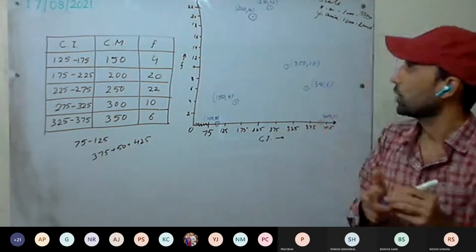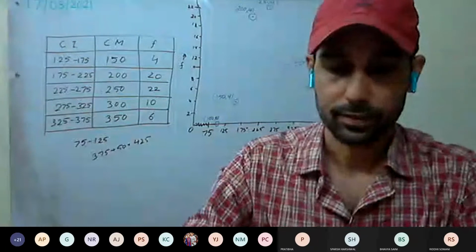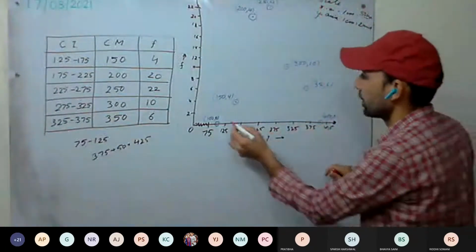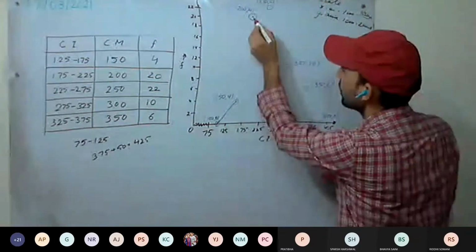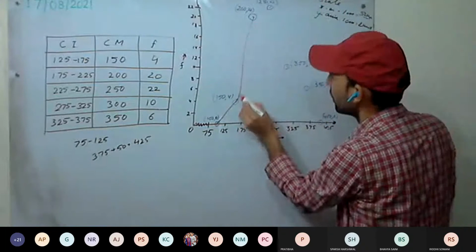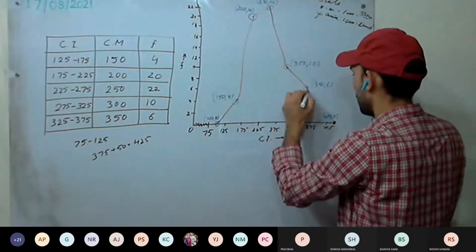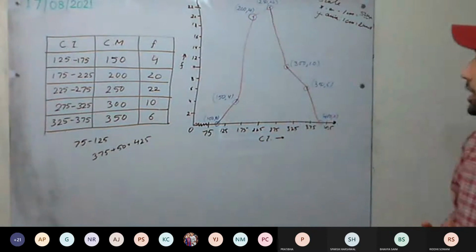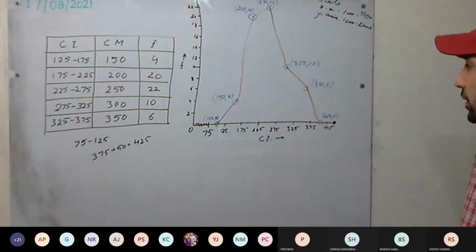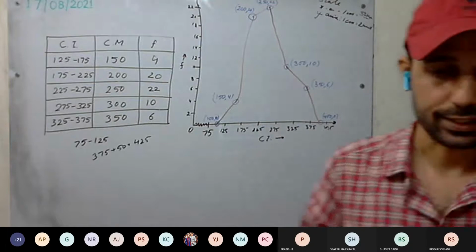Okay. Now join these lines. This is the frequency polygon we are getting.